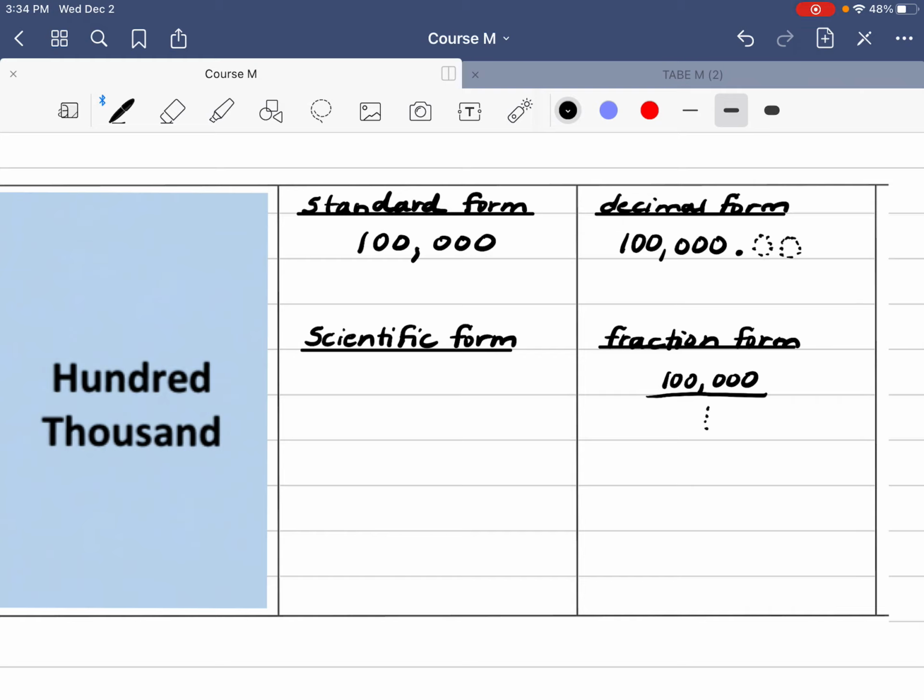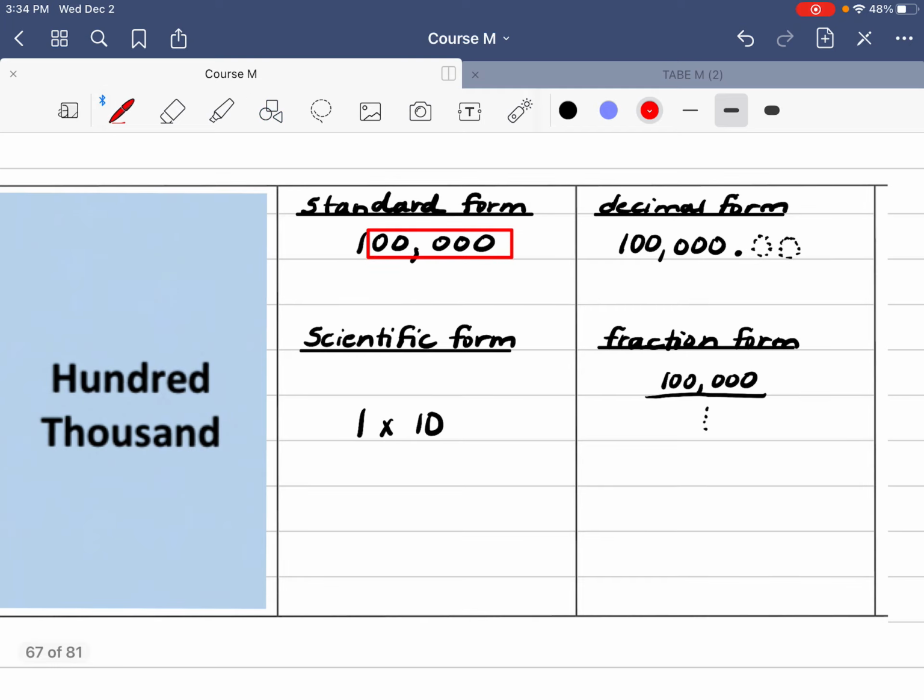So 100,000 is going to be 1 times 10, and you count your zeros. There are 5 of them. That is your exponent. 1 times 10 to the 5th power.